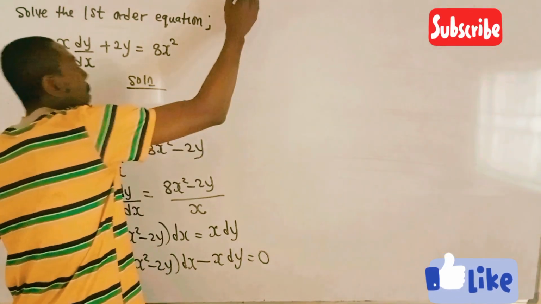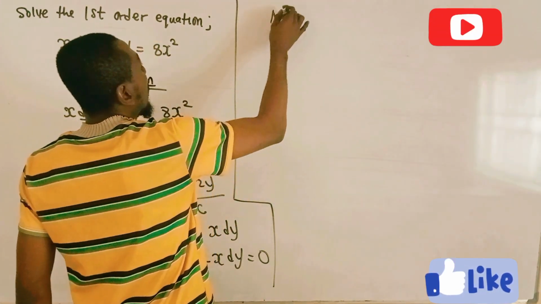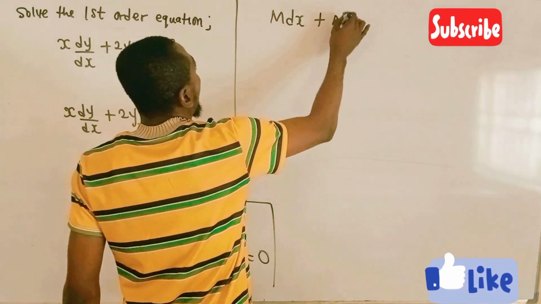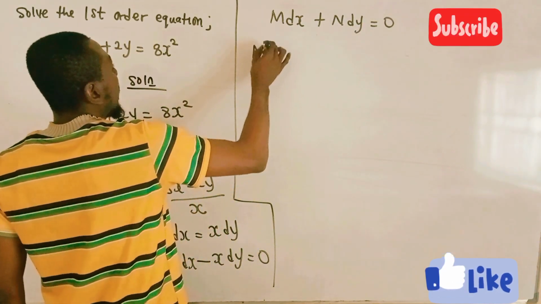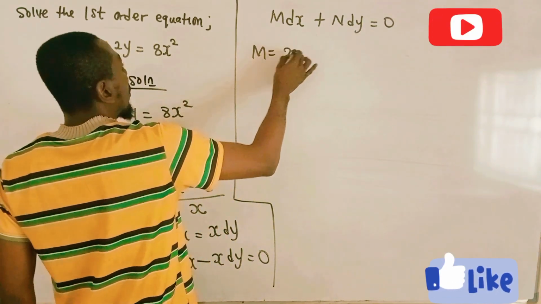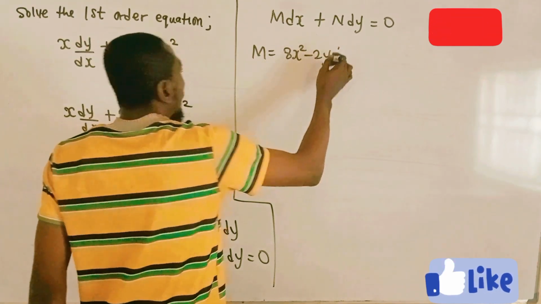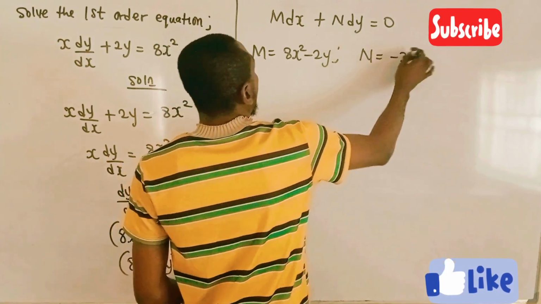So comparing this with the general form of exact differential equation, M dx plus N dy is equal to 0, then it's evident that M is actually equal to 8x squared minus 2y, and N is actually equal to minus x.